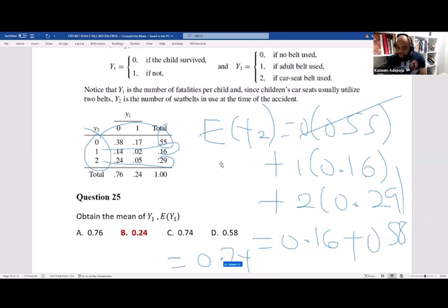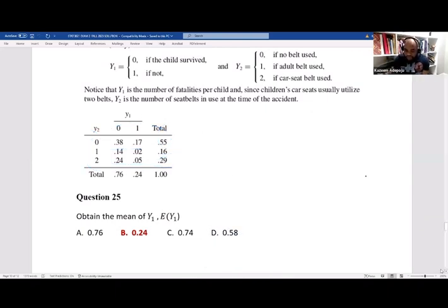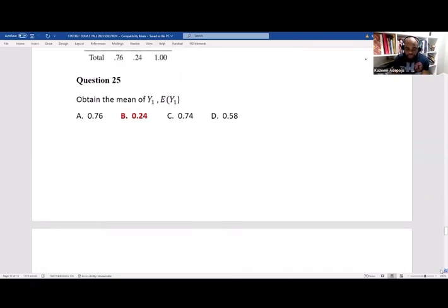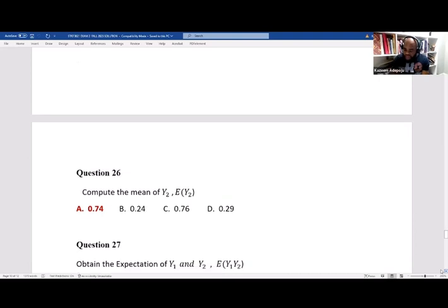That is why, when you come to finding the expected value of Y2, the answer is 0.74. It's super easy. I want this final to be fun. Now, the next thing is, how do you find the expectation of the product?